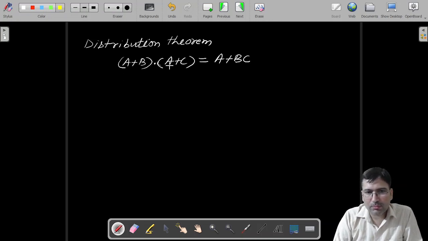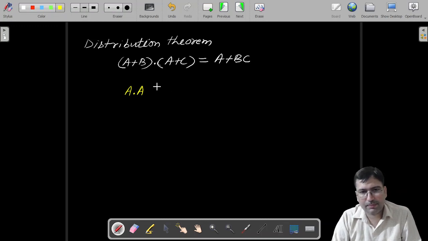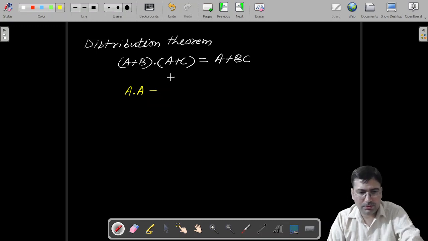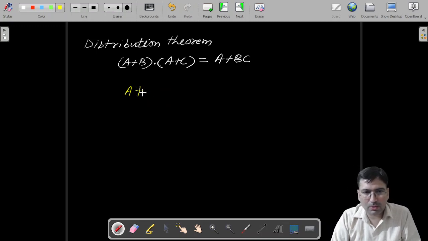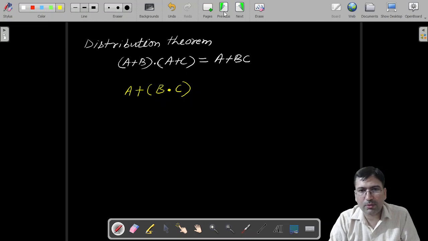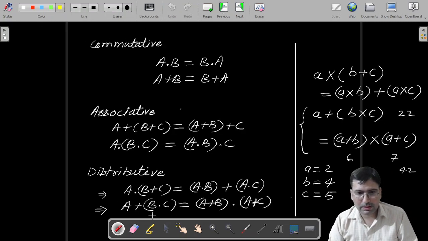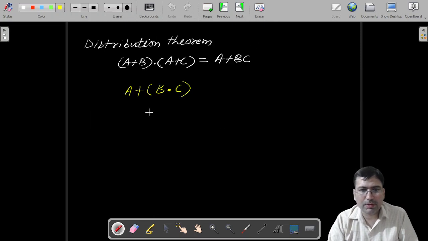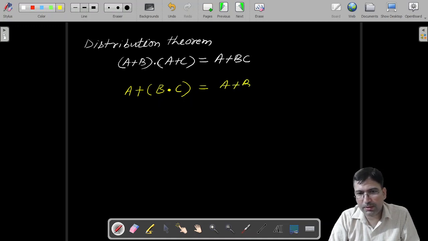So if you write it in another way, consider this A or, and inside the bracket B and C. If you apply the distributive law, which I have told you in the previous slide, this A or operator can distribute over B and C. So when we do the same thing here, we can write it like A or B, A or C, right?